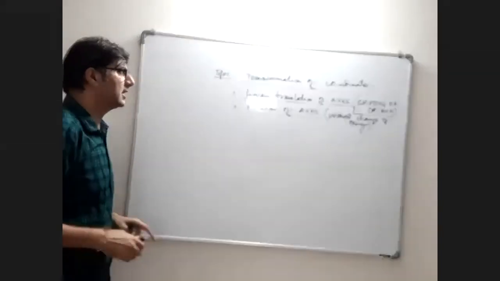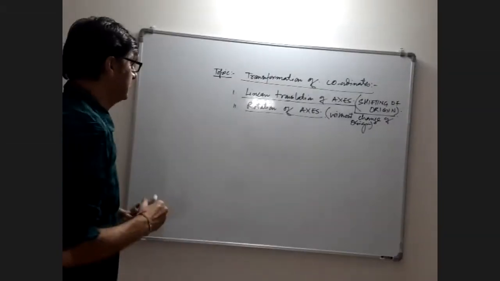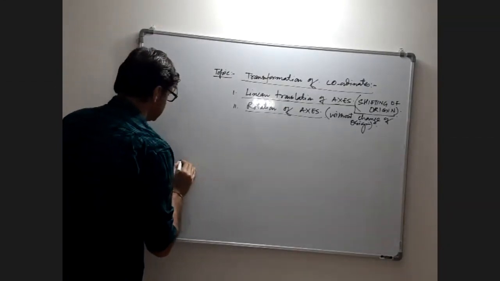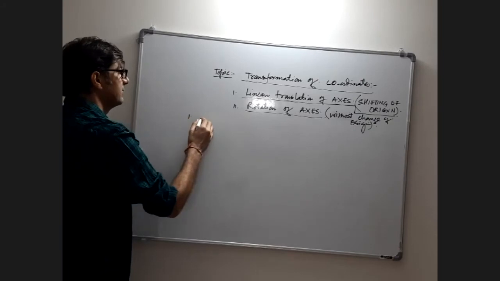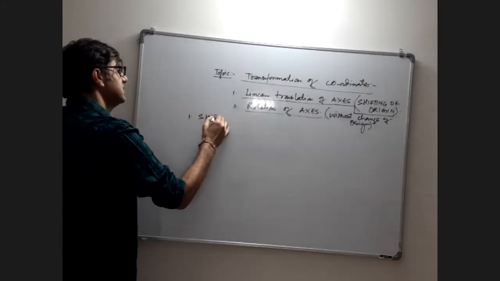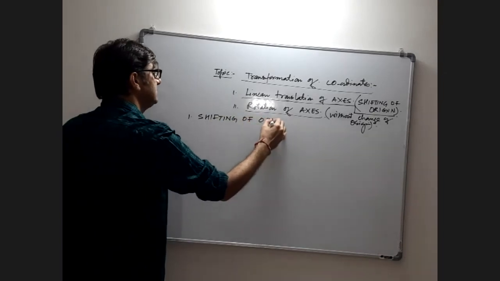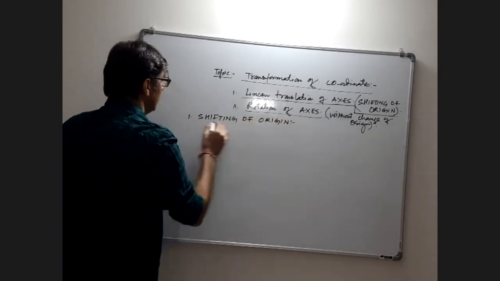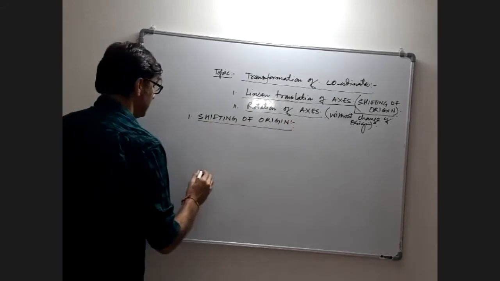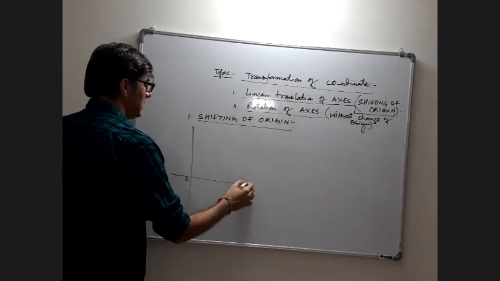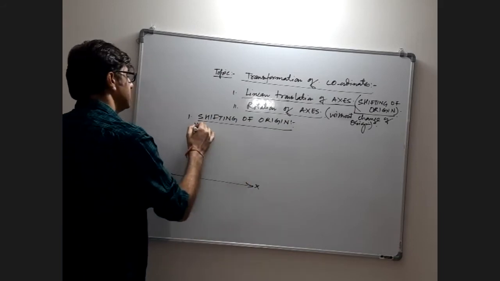Look, if we talk about linear translation, what will transformation of coordinates mean? Look at this. The first thing we will do is shifting of origin. What will happen in shifting of origin? You can look at this figure. This is my x and y axis.